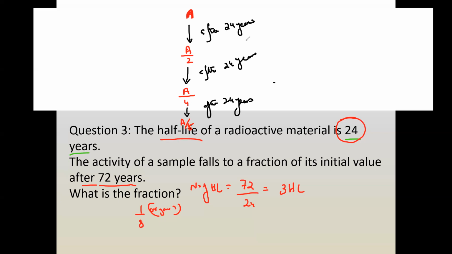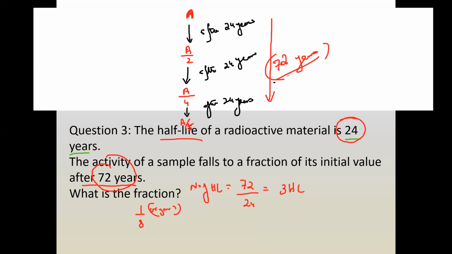And how do we identify this? In the question they ask how much is there after 72 years. So 24 plus 24 plus 24, basically this total interval will be equal to 72 years.